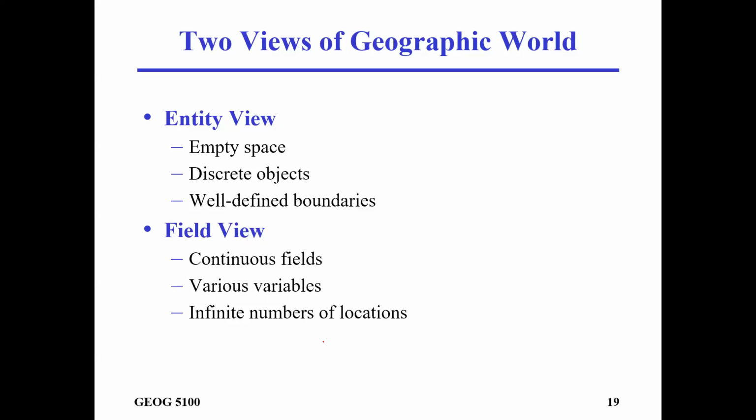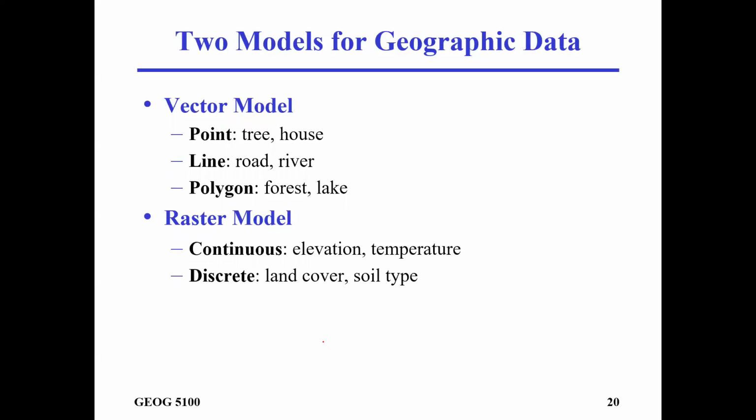Associated with entity view and field view, we have the vector model to address space, or we have the raster model to address space. The vector model is associated with entity view, because when we're talking about vector data or the vector model in geography, we have points, lines, and polygons.